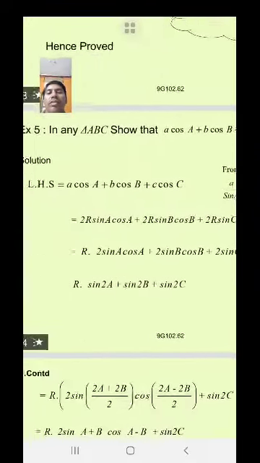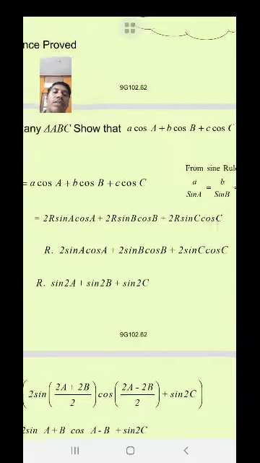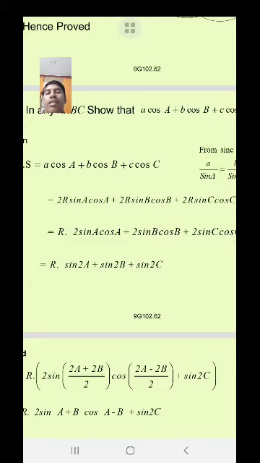From sine rule, small a is replaced with 2R sin A, small b is replaced with 2R sin B, and small c is replaced with 2R sin C, remaining as it is. Next, that equals R into, and write the 2 near sine. So 2 sin A cos A plus 2 sin B cos B plus 2 sin C cos C. In each term R is there, so take R common from the three terms.